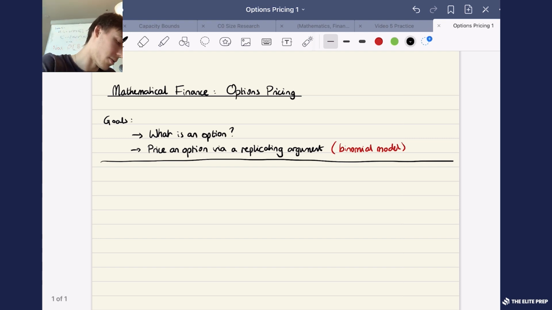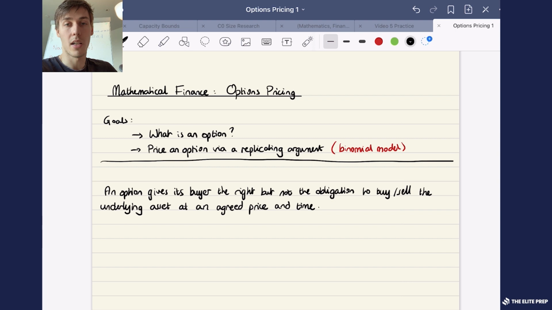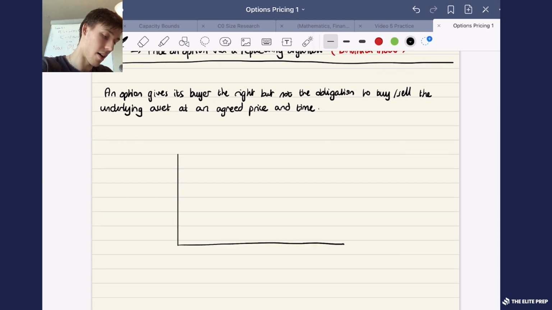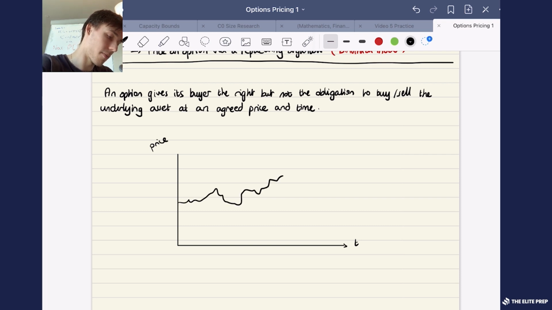So I'll write that down. The specific example I will give is an option on a stock. So let's just draw what can happen to a stock. Here I have axes, I have the time, and I have the price. I also have a stock which moves in some way.